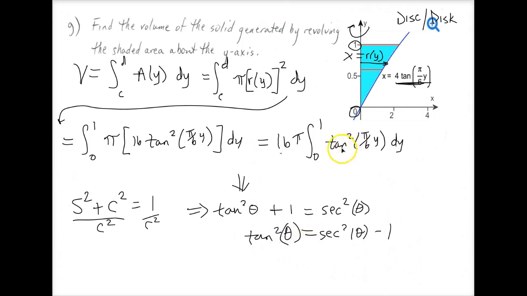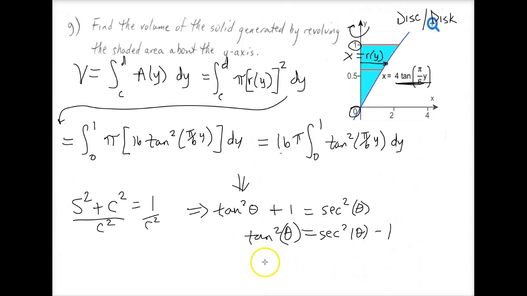So here we could rewrite tangent squared of pi over 6y as just secant squared of pi over 6 times y minus 1. And we do have a direct antiderivative for secant squared because we know that the derivative of tangent is secant squared.